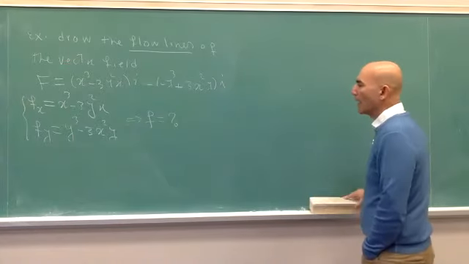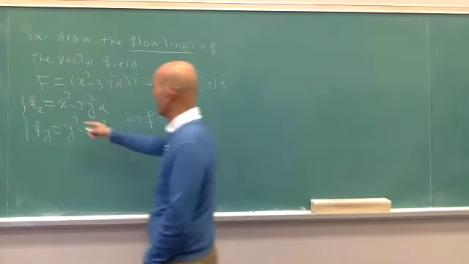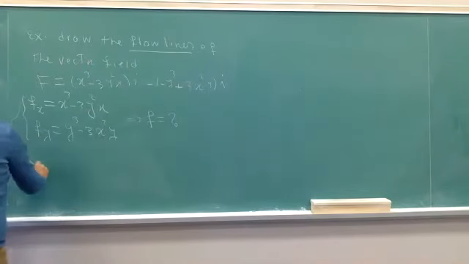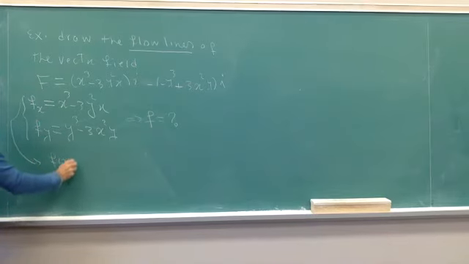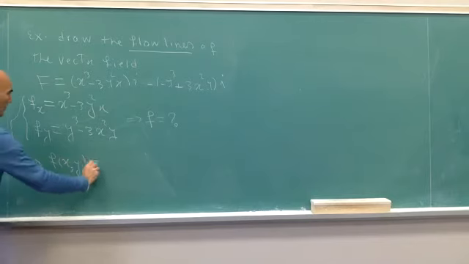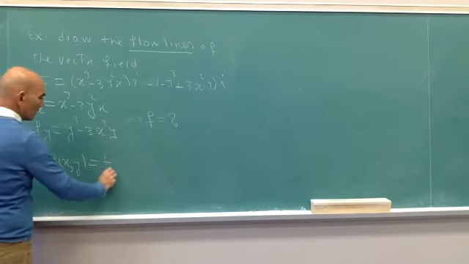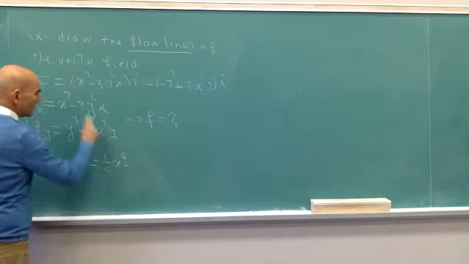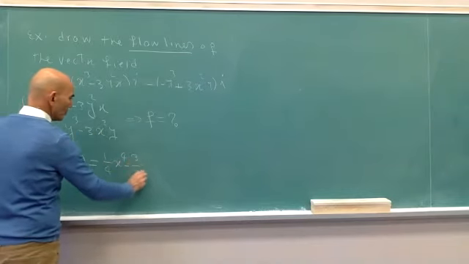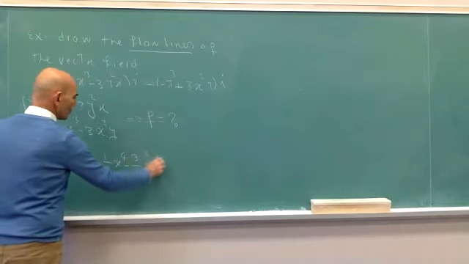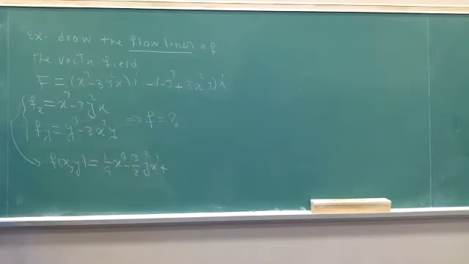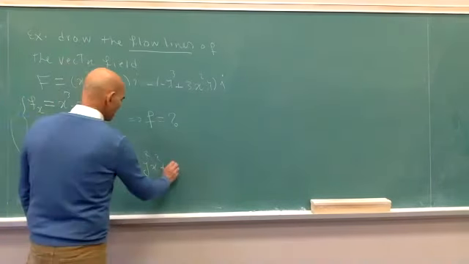All right, this is just the first equation. It immediately tells you that you just take the antiderivative of both sides. The first equation tells you that f of x and y is equal to a quarter of x to the 4th minus 3 over 2 y squared x squared. But don't make the mistake of putting a constant there, because the constant depends on y, so it's a function of y, plus g of y.